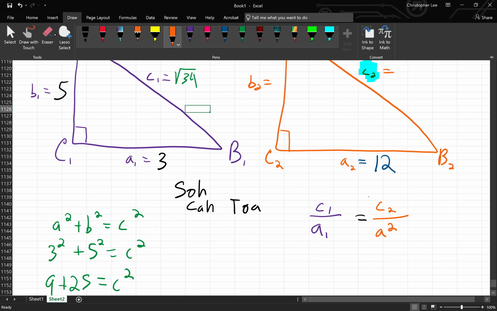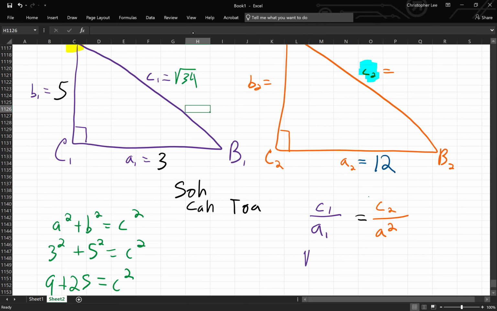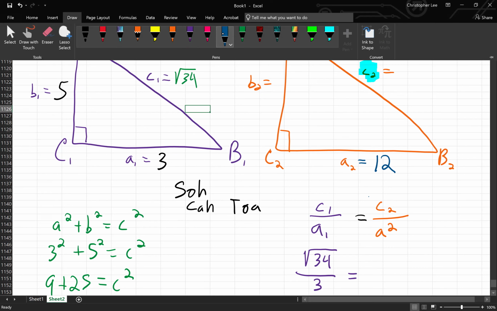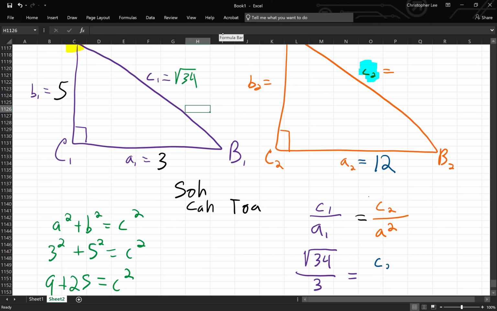So I have square root 34 over A1, which is 3, is equal to C2, that's what I'm looking for, over A2, which is 12.